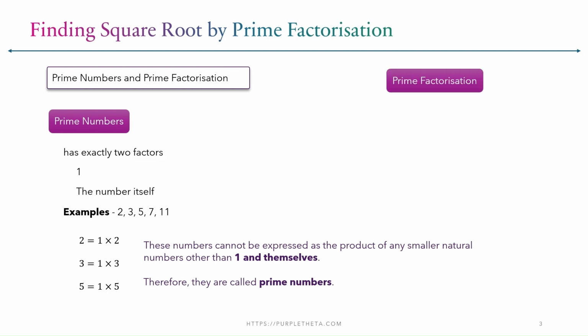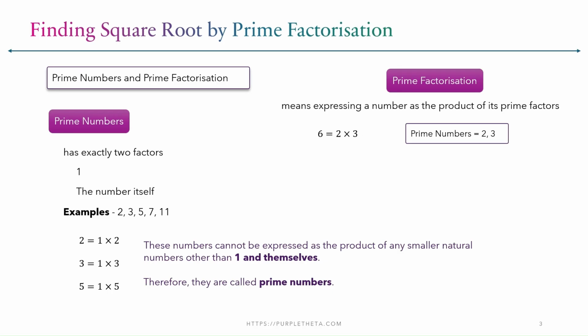Okay. Now let us see what is prime factorization. Prime factorization means expressing a number as the product of its prime factors, right? Let us take the number 6. We can write 6 as 2 multiplied by 3, right? Here both 2 and 3 are prime numbers, right? Since they cannot be factorized any further, this is called the prime factorization of 6, that is 2 and 3, right?